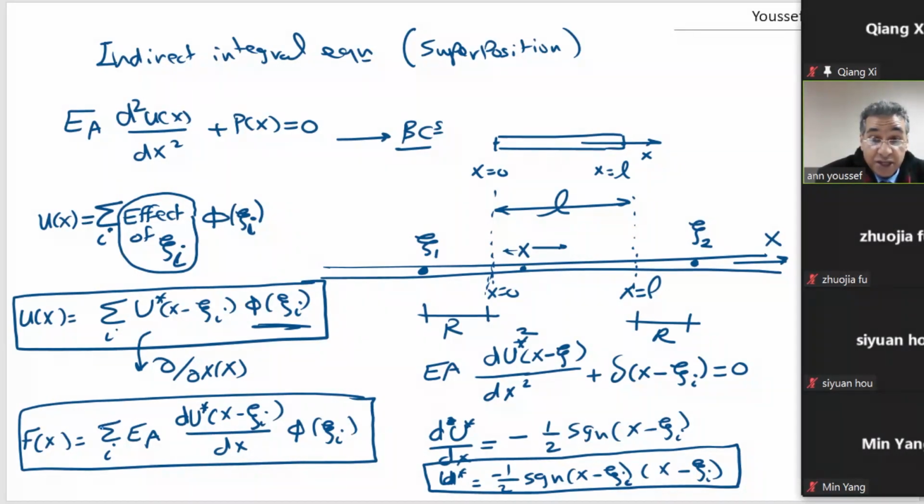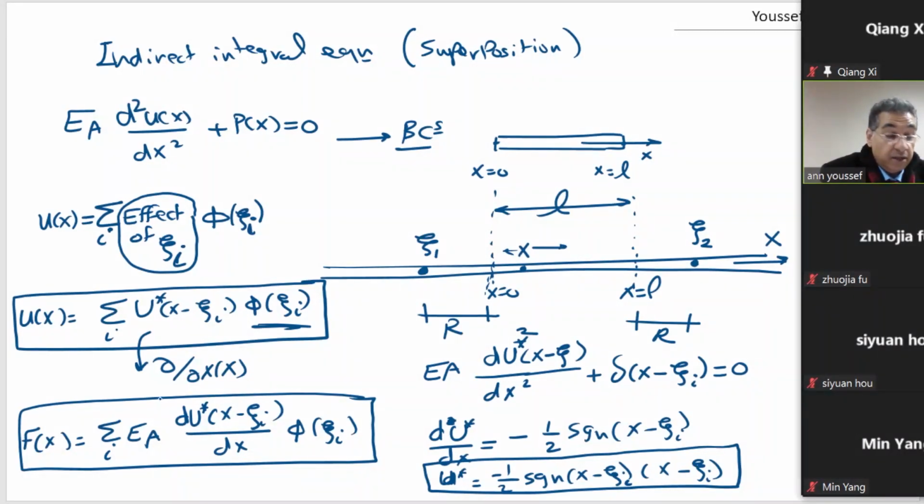The summation here is actually an integral, defined at two points, so we sum at these two points. This is very, very important. These are the two integral equations we have, and they are the solution of the problem.